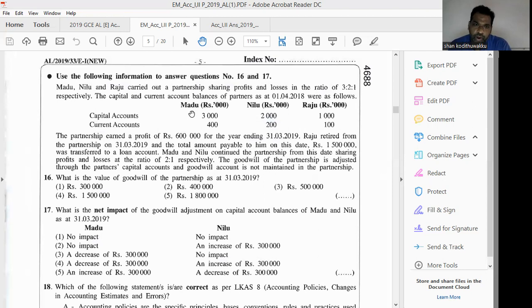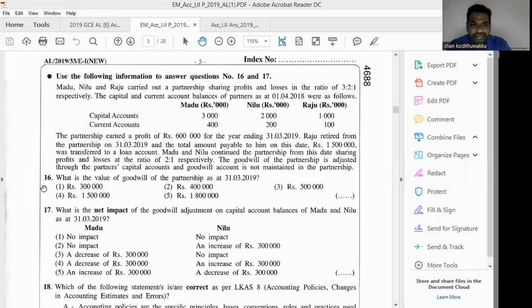Then 300 into 6 equals the total goodwill value. 300 into 6 equals 1,800. 1,800 rupees will be equal to the total goodwill. Now we found the total goodwill.